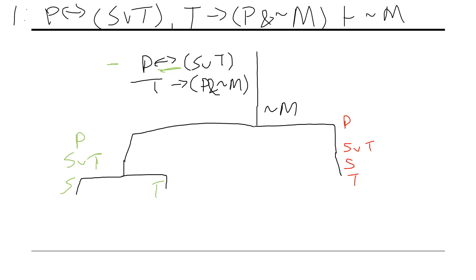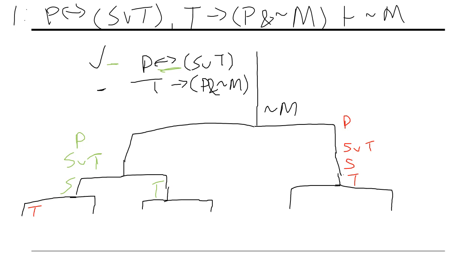Now we're going to look at this one here. So what do we do with arrows? Well, we break those apart too. I do them all on each one of our branches.